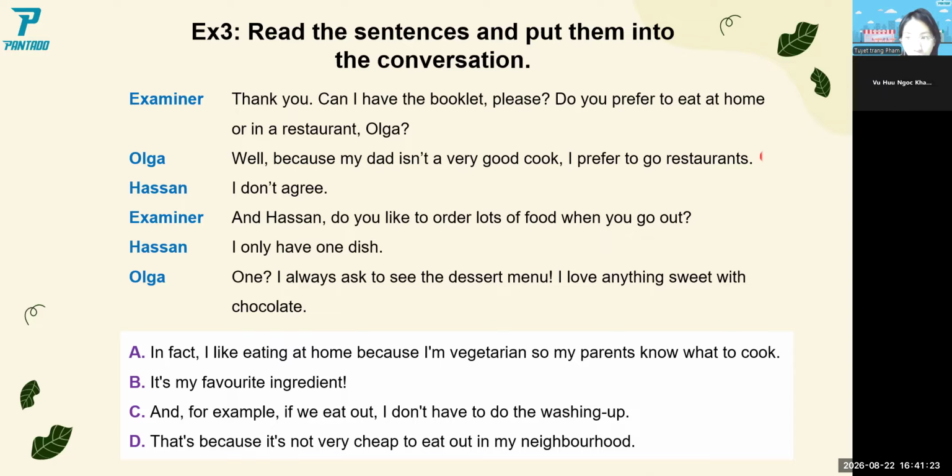For example, number 1, you put here a C.